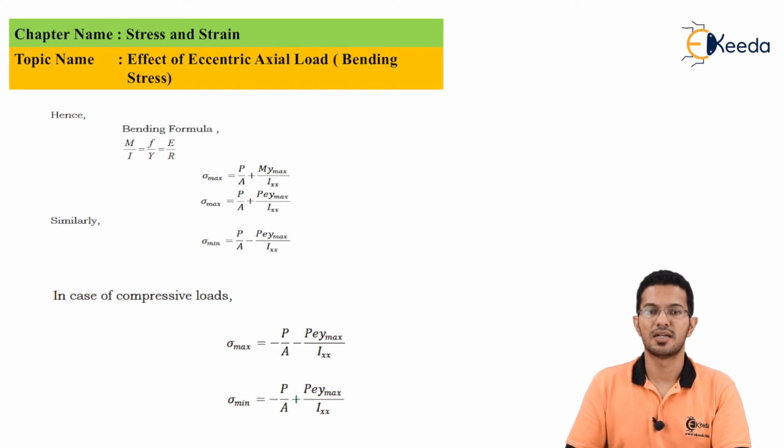Sigma minimum is equal to P upon A minus P into E into Y max, the whole upon Ix. Depending on the direction of the eccentricity, sigma max is equal to P upon A minus P into E into Y max, the whole upon Ix, and sigma minimum is equal to P upon A plus P into E into Y max, the whole upon Ix.